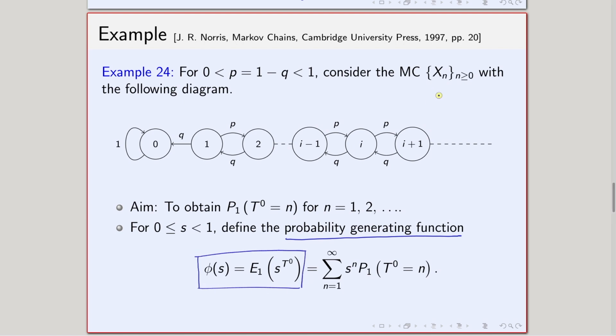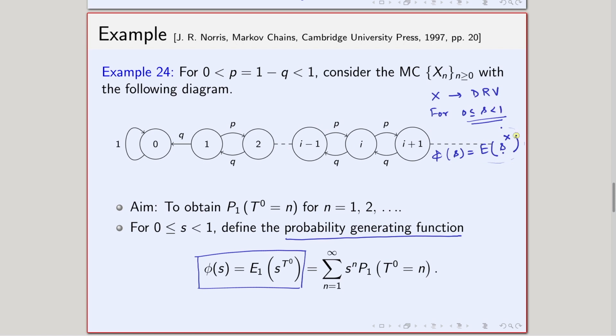So for any random variable X, if X is a discrete random variable, then I can talk about the probability generating function of X, and by definition, for 0 ≤ s < 1, this φ(s) is nothing but the expectation of s to the power X. I try to find this expectation for any s in the interval [0, 1), 0 inclusive, 1 excluded.